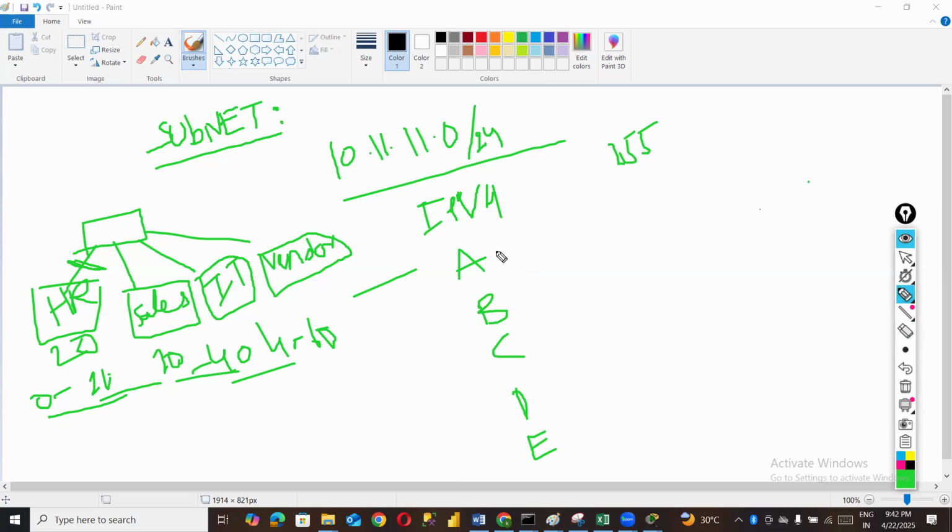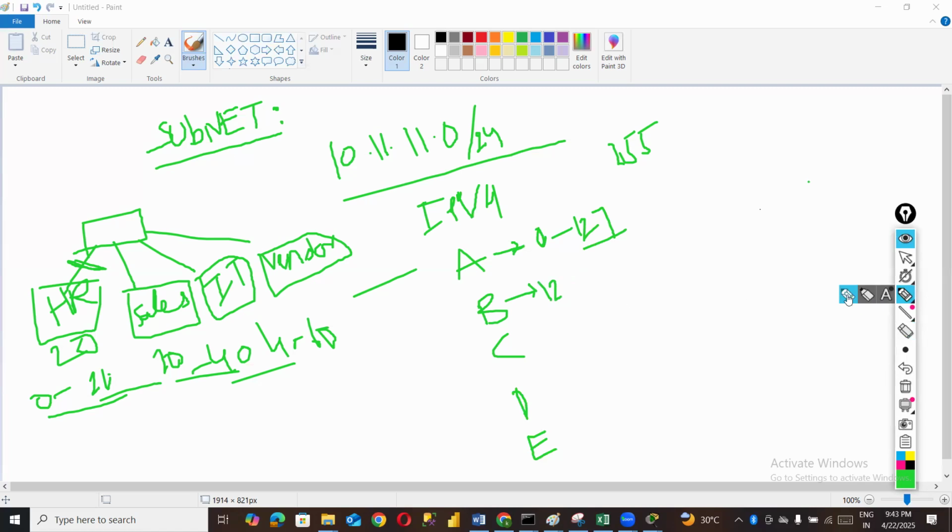For example, for Class A, the IP address range is 0 to 127. The Class B range starts at 128, since 127 is completed, so the next IP is 128, and goes 128 to 191.